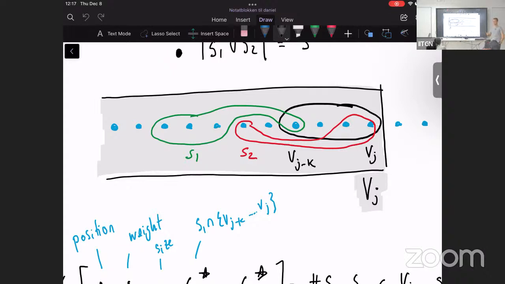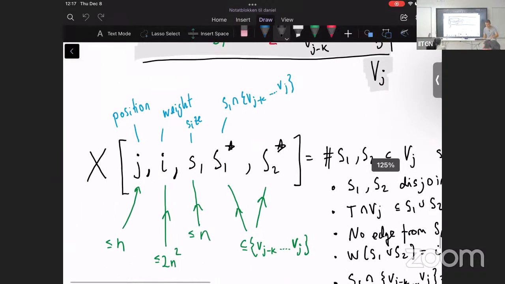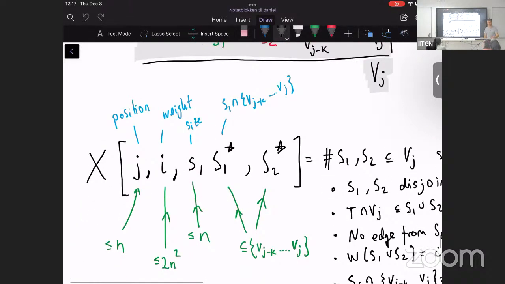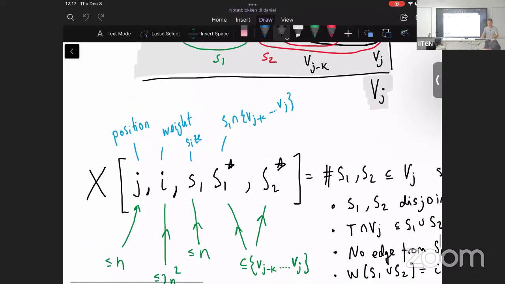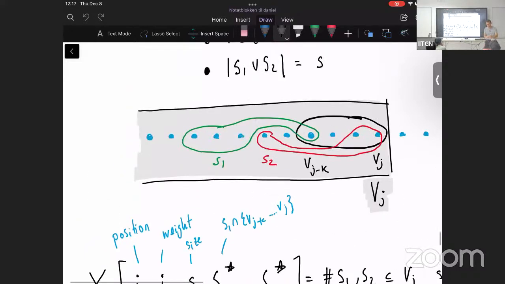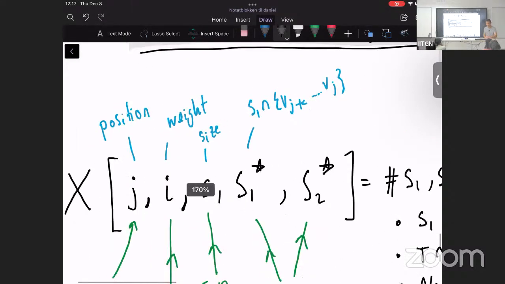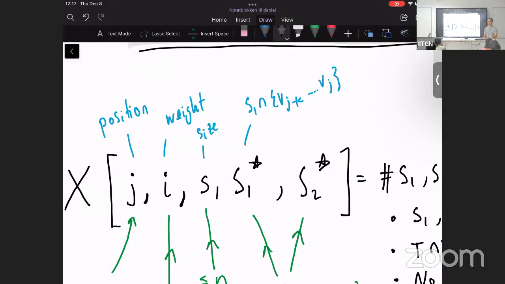So what do you end up getting? You get some table with x, j, I, S1 star, S2 star. The first one is the position: I'm looking at the prefix up to position j. The second one is the weight of S1 union S2 so far.